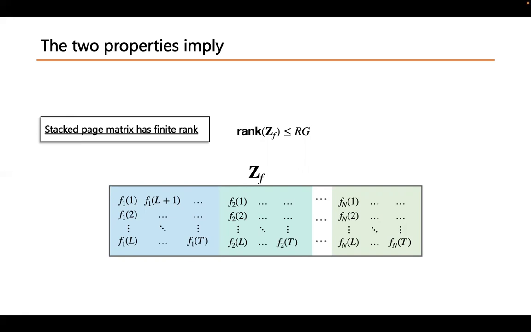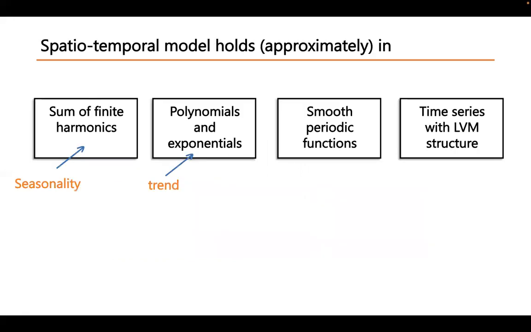And this low rank structure of the stacked page matrix is really what motivates why this transformation is a good one. It turns out the spatiotemporal factor model holds, at least approximately, in a wide variety of time series processes.